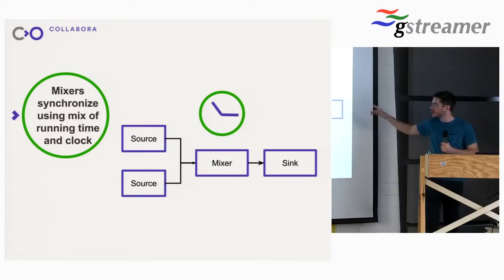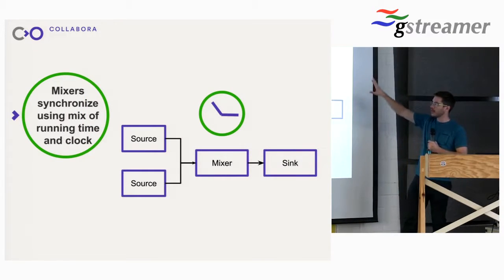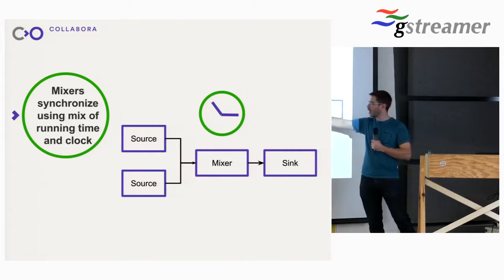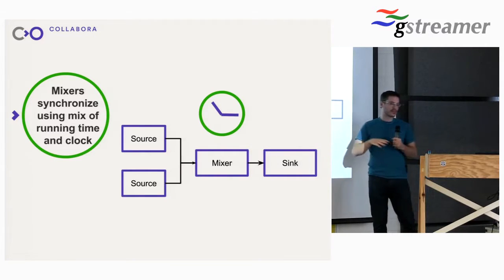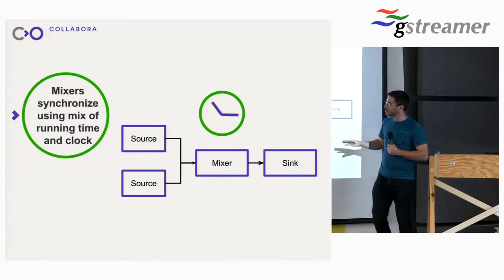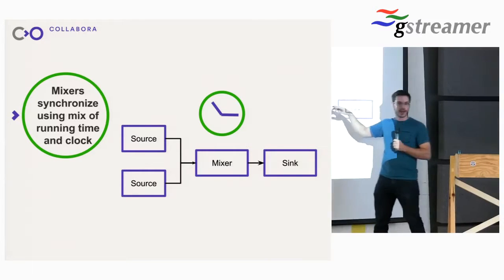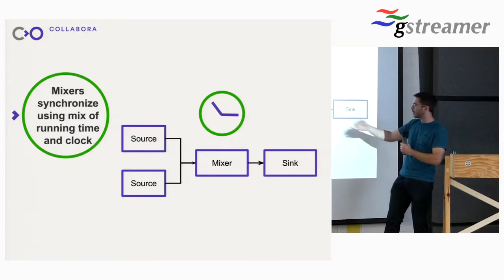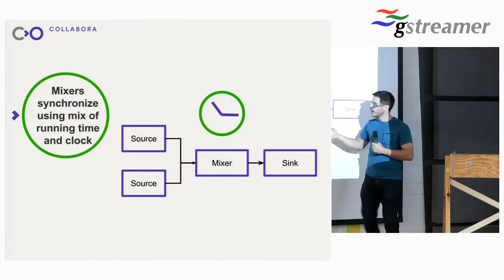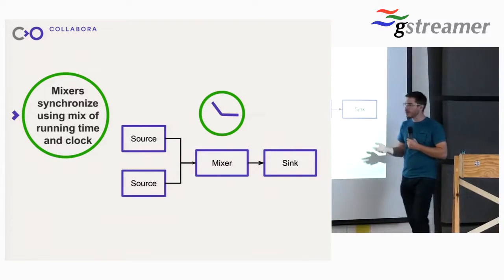If you look at mixers, they do a mix of synchronization between using a clock and using the running time. So if it's non-live, it's only going to wait for data to come and look at the running time of that data, and then it will sort it, or if it's the same time, it will merge it, and then it will produce this data, and that's it. But if it's live, it means that one source could stop producing, or there could be a gap or a loss or something.